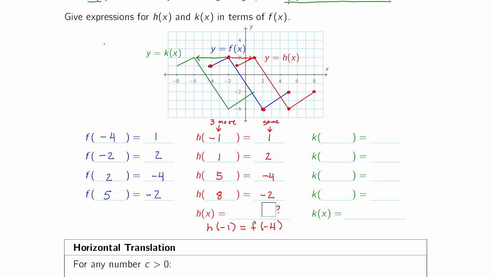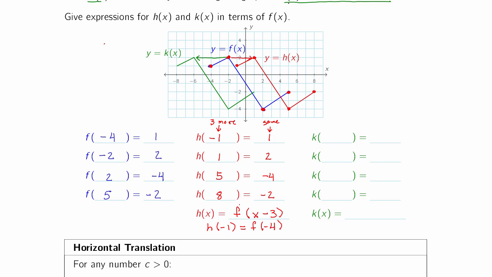In other words, h of -1 is not f of -1 plus 3. It's f of -1 minus 3. We're putting -1 into h, which gives the same result as putting -4 into f.